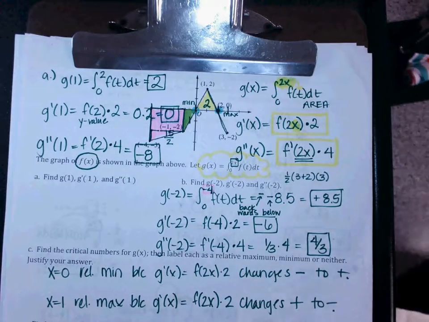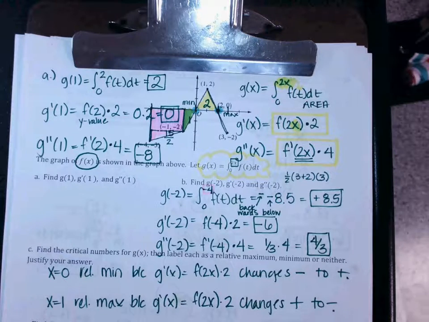Remember, when you multiply by 2 again, that's not affecting what x you pick. You would just take whatever positive number you get and times it by 2. So if I have a positive number and I times by 2, it's still positive. If I have a negative number and I times it by 2, it's still negative.